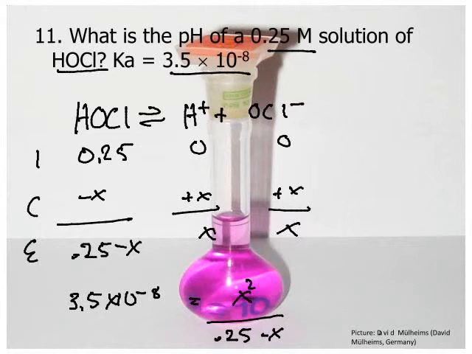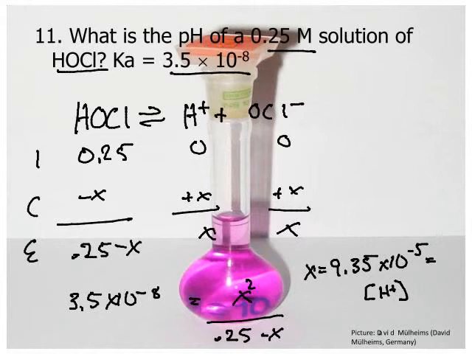Math 0, arrow up, clear out the last one. 3.5 e negative 8 times 0.25 minus x, parentheses around that, minus x squared, do the old alpha solve thing, and I get x to be 9.35, and on my TI calculator it's actually times 10 to the minus 5. I'd like you to write this: x equals the concentration of the hydrogen. Because they asked for the pH, now I quit and I do the negative log of x.